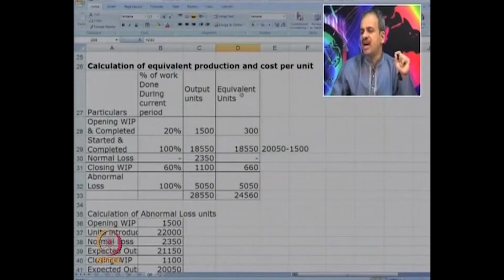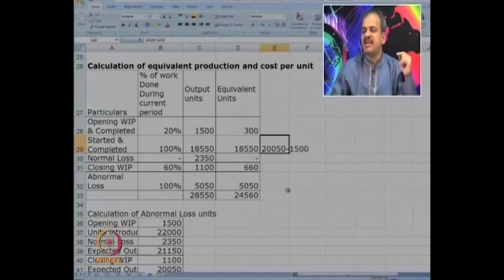You can see this chart of equivalent production. So I will make a small change before we go ahead, because what has happened is 300 were the opening units which were entered. The completed units, as you know, are 20,500 minus 1500. This was the expected completion.